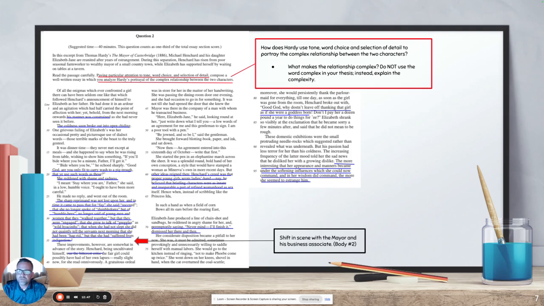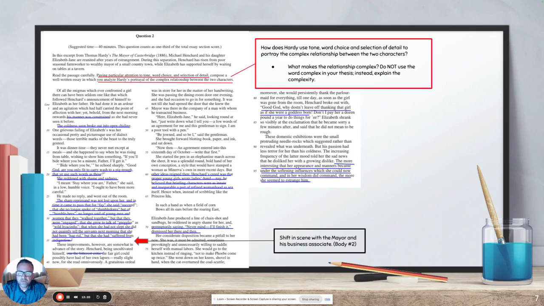A gratuitous ordeal was in store for her in the matter of her handwriting. She was passing the dining room door one evening, and she had occasion to go in for something. It was not till she had opened the door that she knew that the mayor was there in the company of a man with whom he transacted business. "Here, Elizabeth Jane," he said, looking round at her, "just write down what I tell you, a few words in agreement for me and this gentleman to sign. I am a poor tool with a pen." "Be jowned and so be I," said the gentleman. She brought forth blotting book, paper, and ink, and sat down.